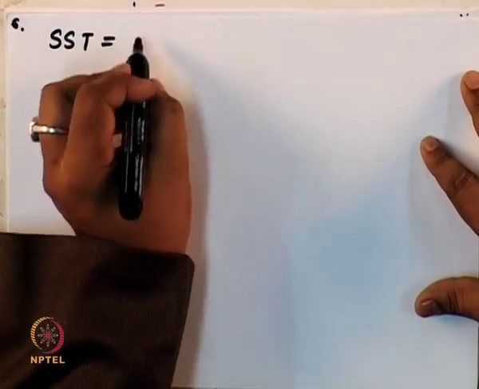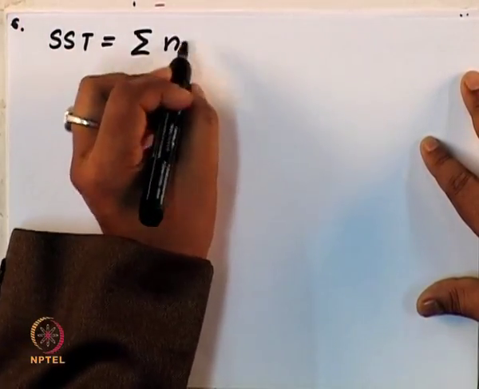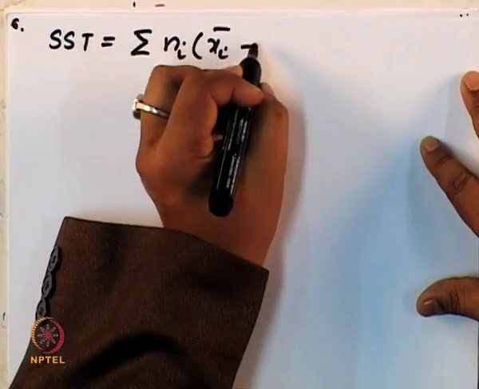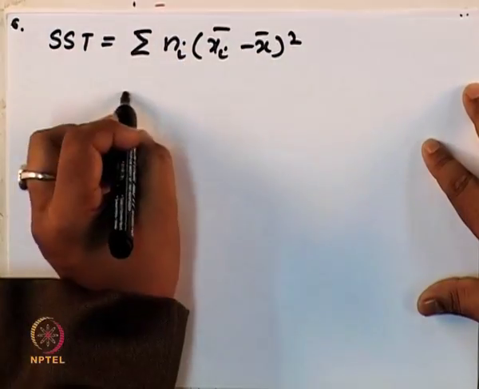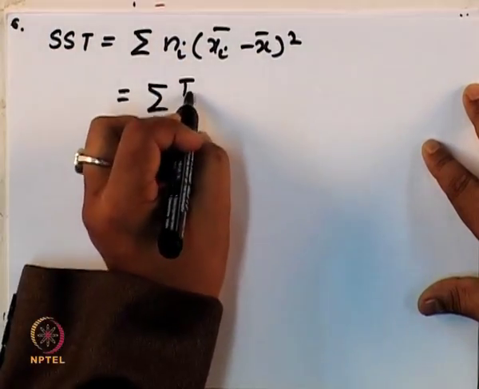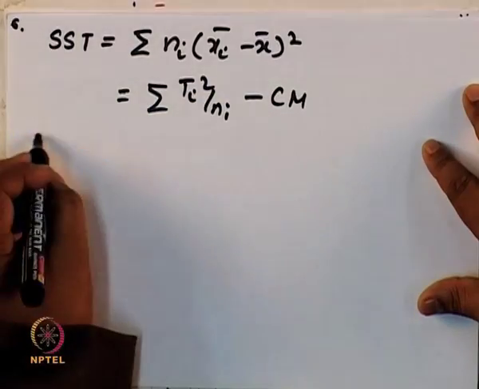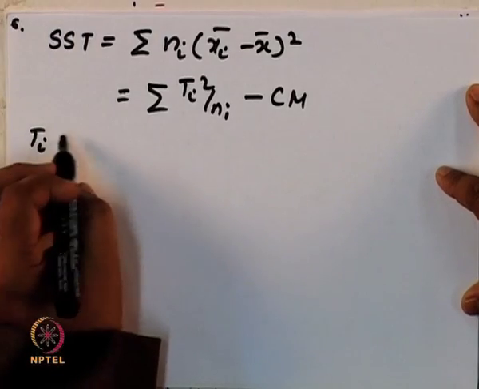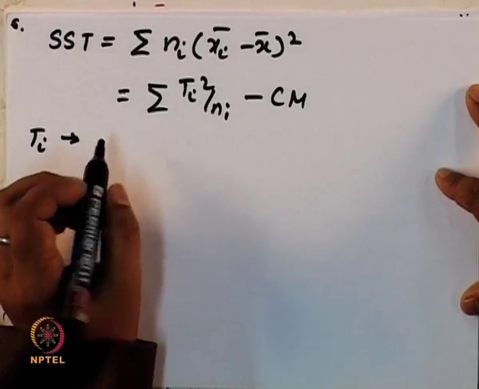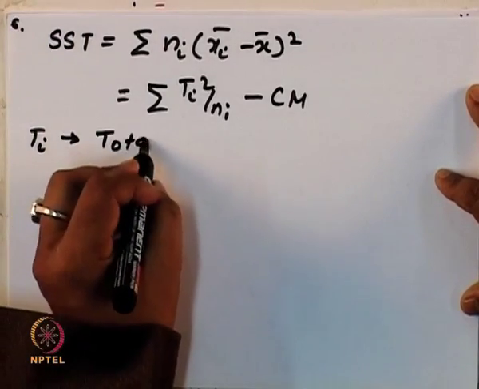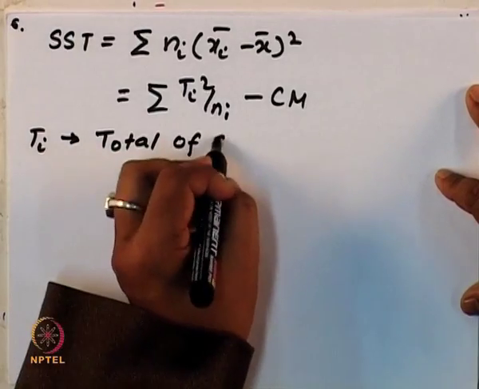You can compute SST, and this can be expanded to be written as summation of Ti square by ni minus Cm, where Ti corresponds to the total of sample i.